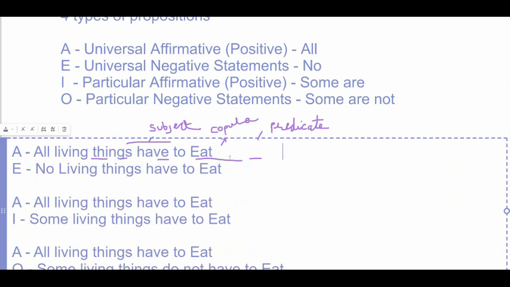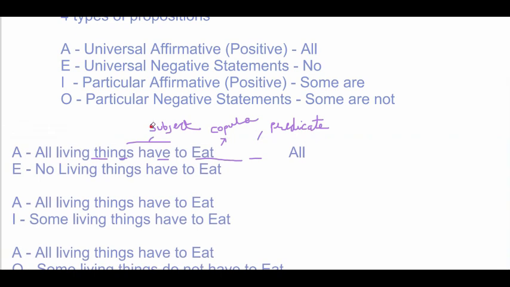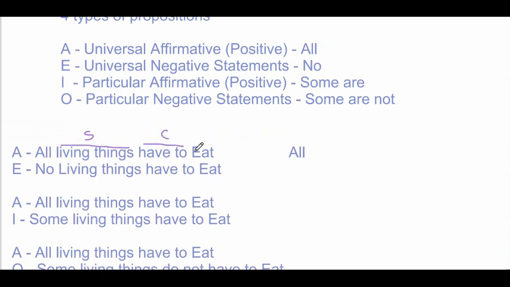This can be converted to logical form, like all living things, as we saw, is a subject. I just moved the screen here, so everything has moved. We know that living things is the subject. Have to is the copula and eat is the predicate.